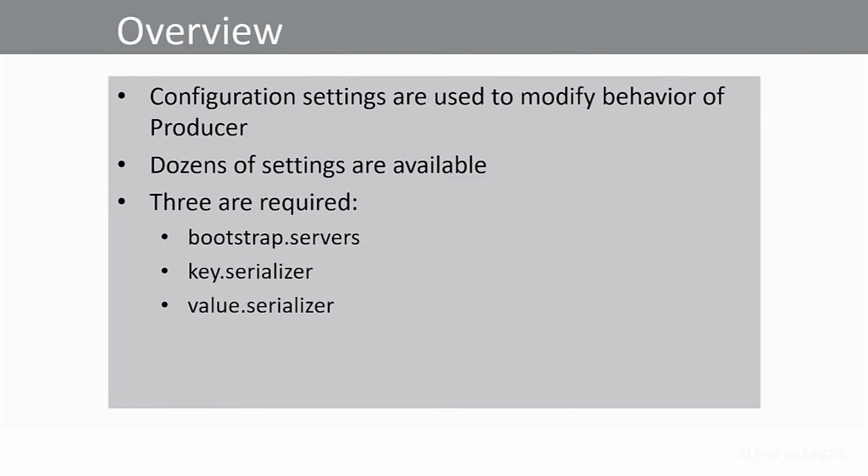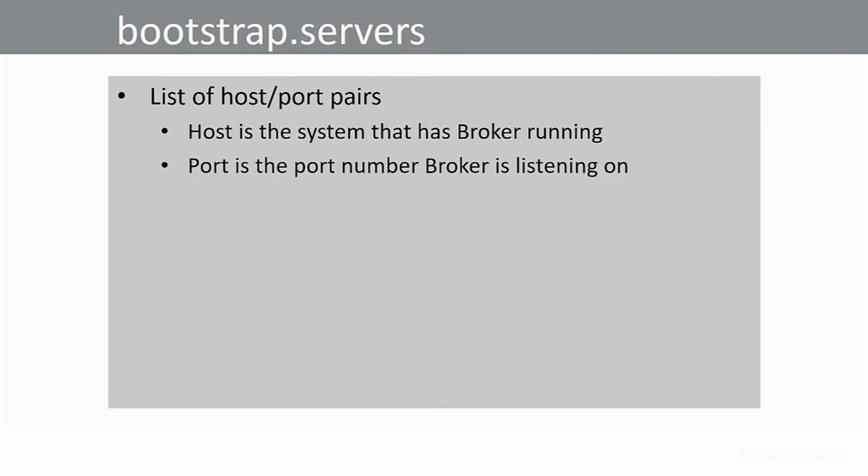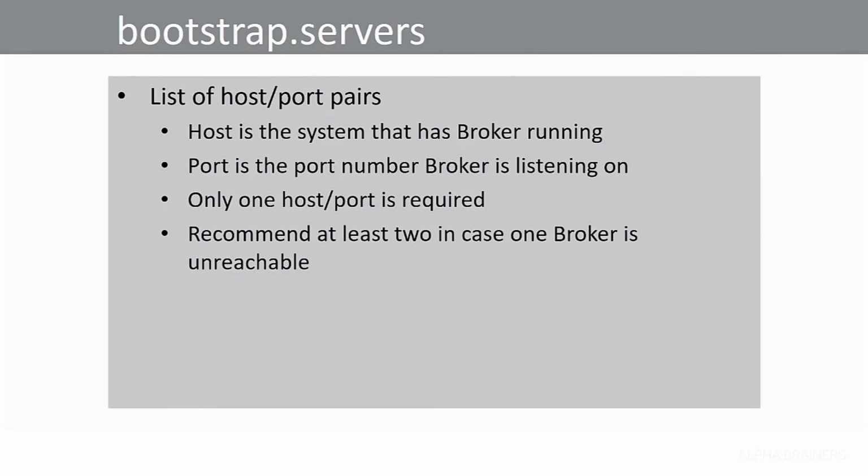So let's first talk about the bootstrap servers. This is going to be a list of host and port pairs. The host is going to be the system that has a Kafka broker running on it, and the port is going to be whatever port number the broker is listening on. Technically, you only have to have one host and port. However, you may want to have more than one just in case one of the brokers is down or unreachable for some reason.